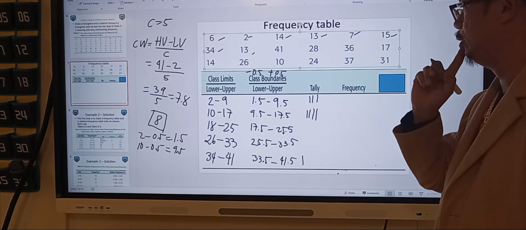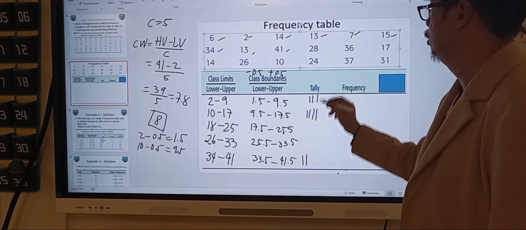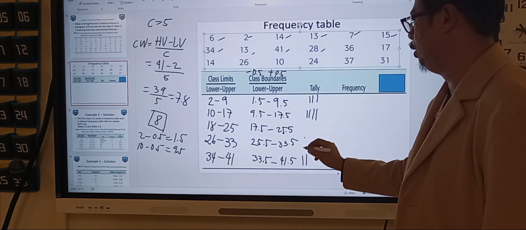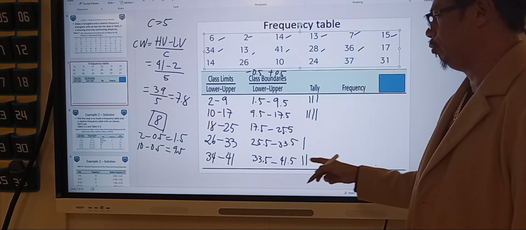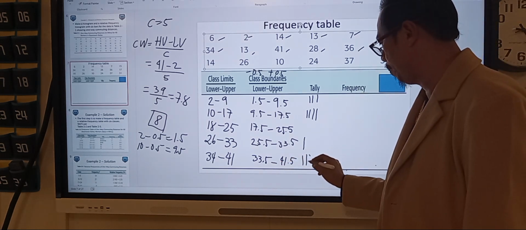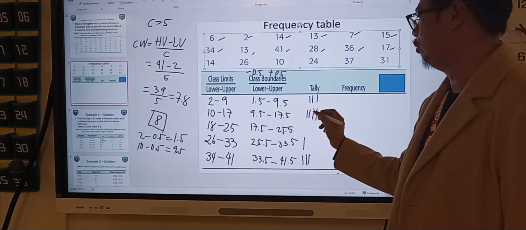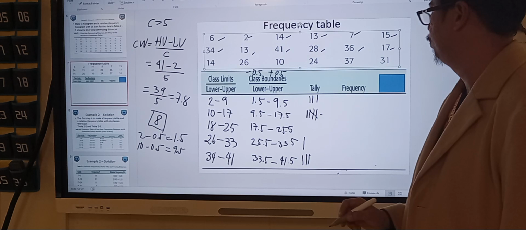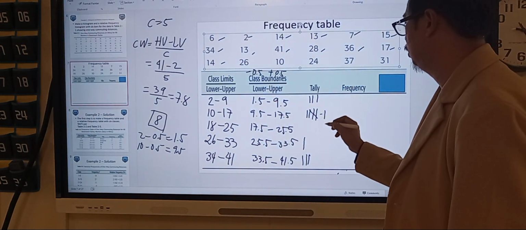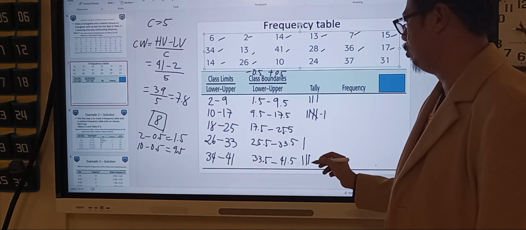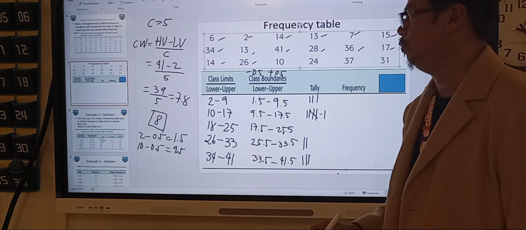Then 41, so we got it here. 28 is on the range 26 to 33. 36 is in the range 34 to 41. Then 17 will be on the range of 10 to 17. Then 14 will be on the range of 10 to 17. 26 will be on the range of 26 to 33.